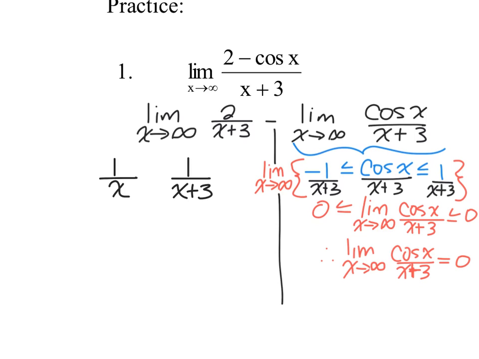So which one of these ratios is bigger, 1 over x or 1 over x plus 3? The 1 over x, right? Because in the 1 over x plus 3, you're dividing by something larger. So I have some finite relationship there. I can go the other way around if I want to make my life a little easier.